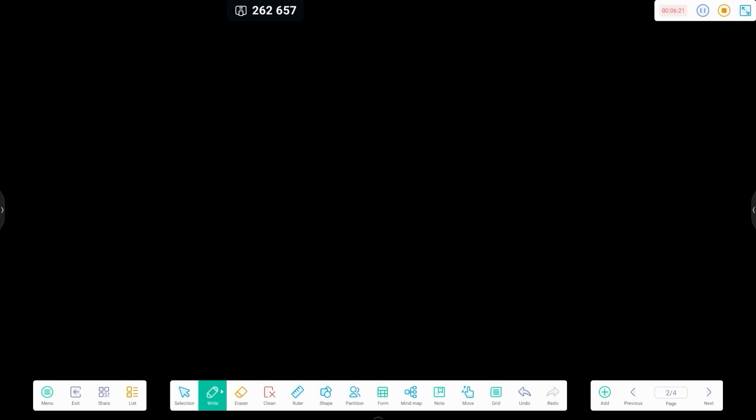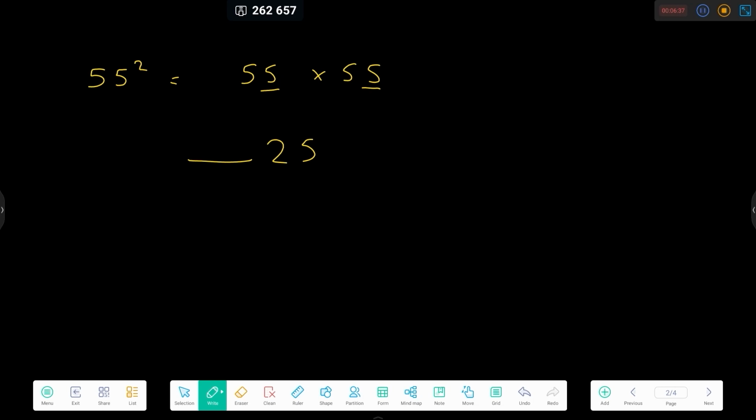Now let's take new examples, bigger numbers like 55. 55 square is 55 into 55. Ones digit, 5 into 5 is 25. For the tens digit, 5 into 5 plus 1, which would be 6. 6 into 5 gives you 30. So 3025 is 55 square.